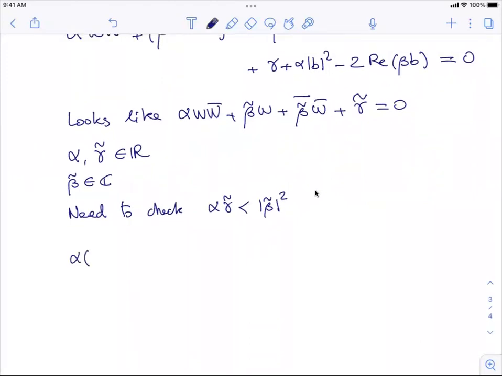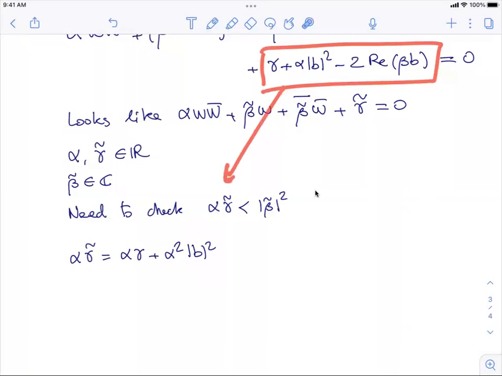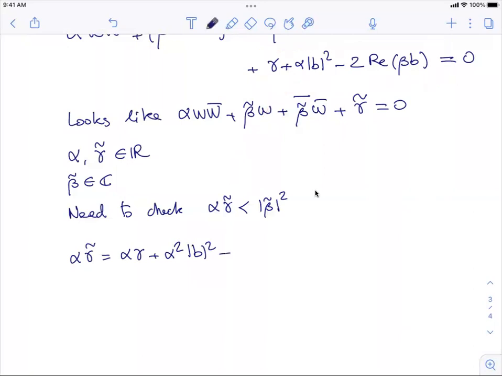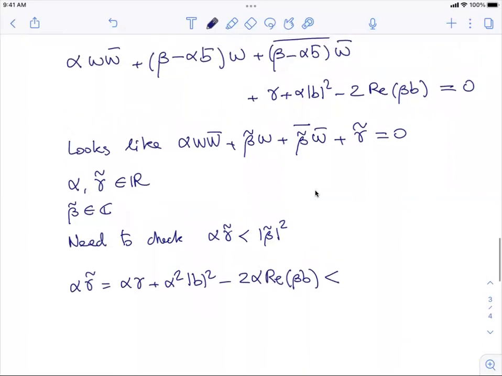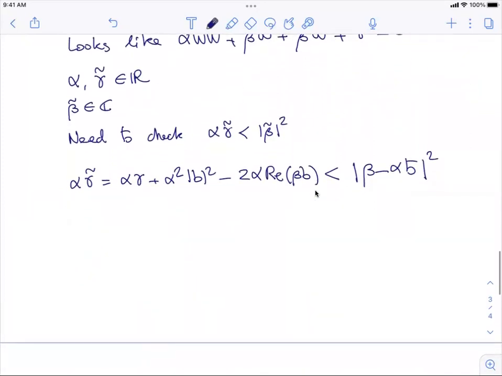Alpha gamma tilde is alpha gamma plus alpha squared modulus of b squared, just taking the definition, minus 2 alpha real part of beta b, less than the modulus squared of beta tilde, which is beta minus alpha beta bar, squared. This we want to check. So let's see what we get.